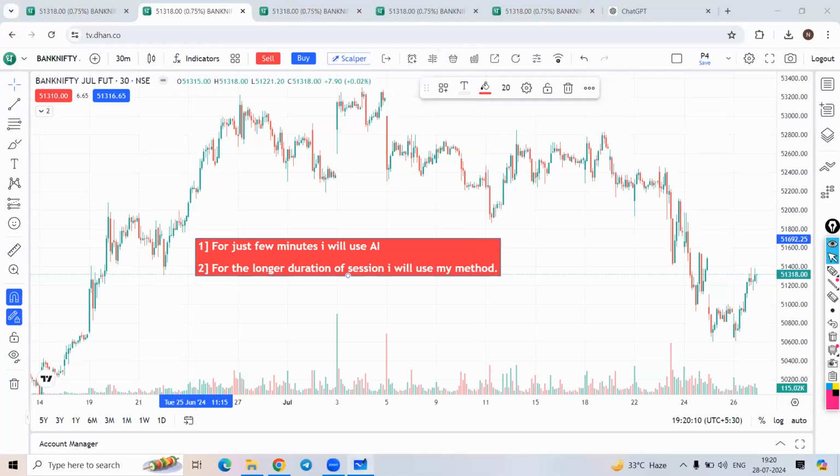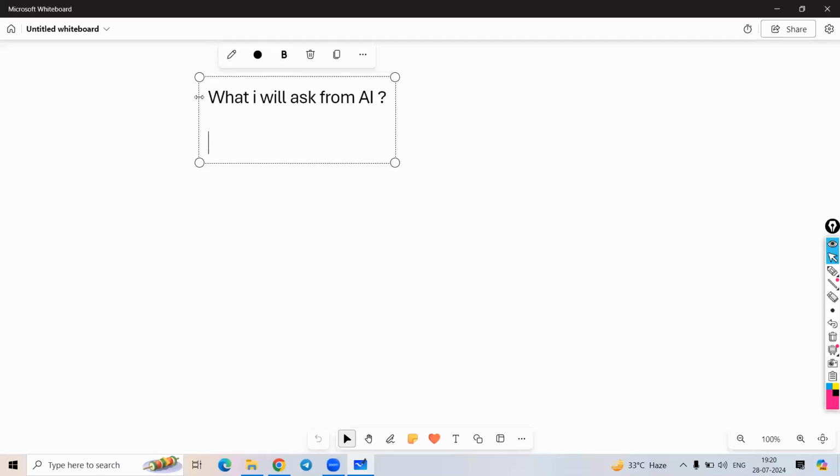So basically, I'll make it in three simple stages. Number one, what I will ask from AI. Okay. As per your requirement, we'll do it. Support and resistance. Number two, trend.